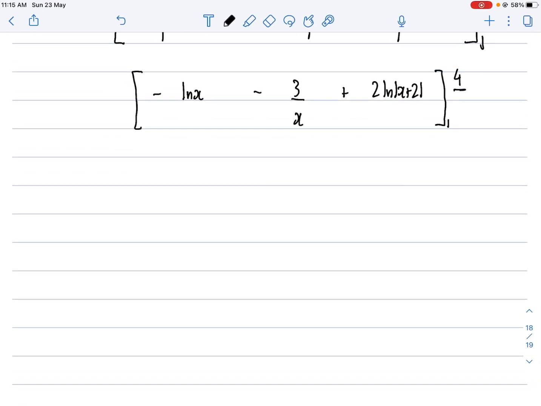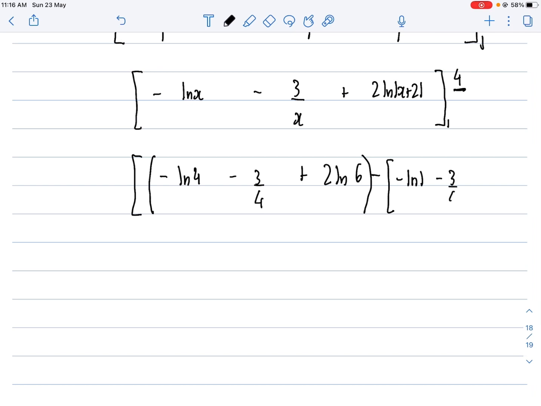Now first put the upper limit in the place of x. So I get minus ln 4 minus 3 over 4 plus 2 ln 6, because 4 plus 2 is 6, minus, minus ln 1 minus 3 over 4 plus 2 ln 3. Agreed?